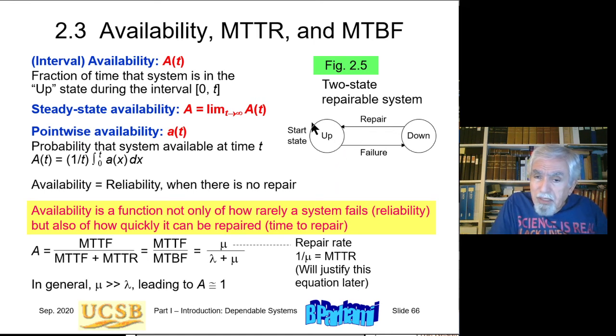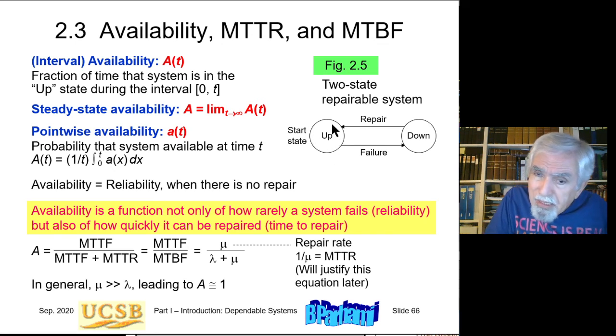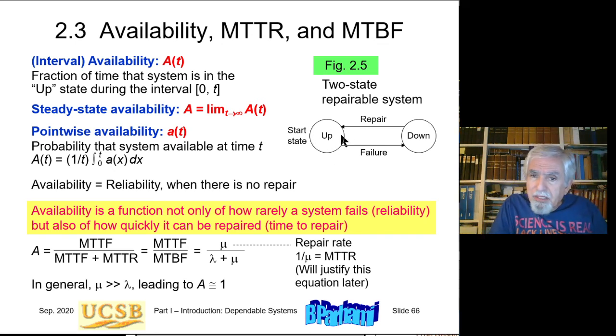A system can have an operating state and a down state, but when it goes into the down state, we can repair it and bring it back up. The more quickly we do this, the faster the repair, the more time the system will end up spending in this up state. Let's say it's in the up state for 2 hours, then it fails, then 15 minutes later we bring it back up.